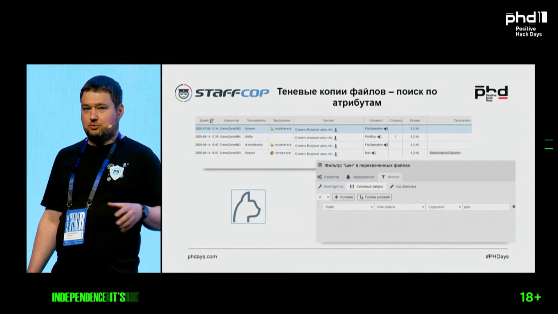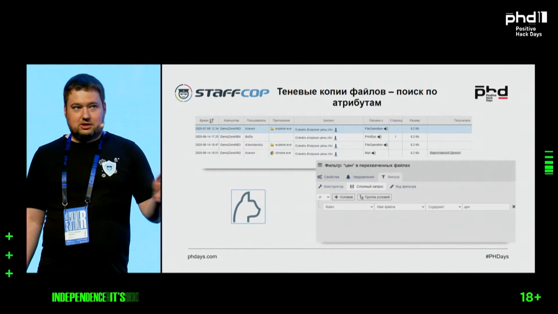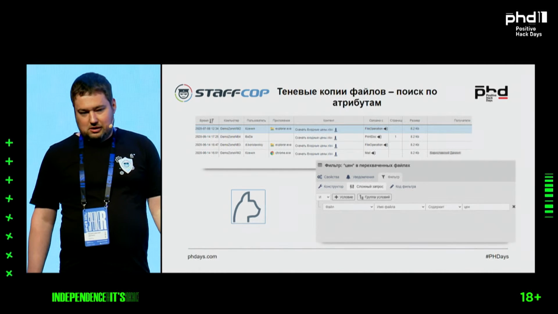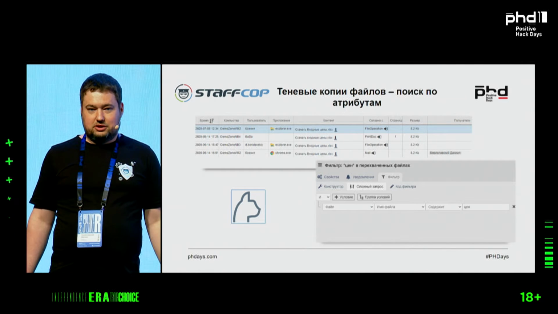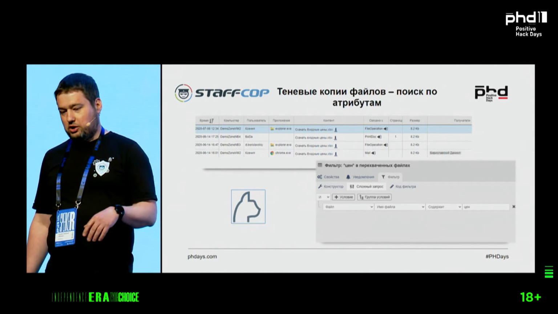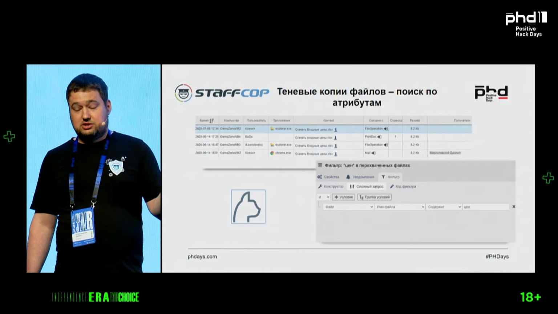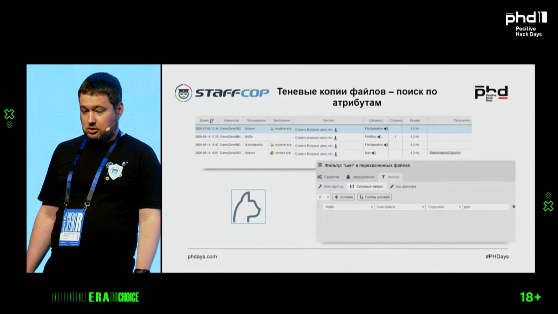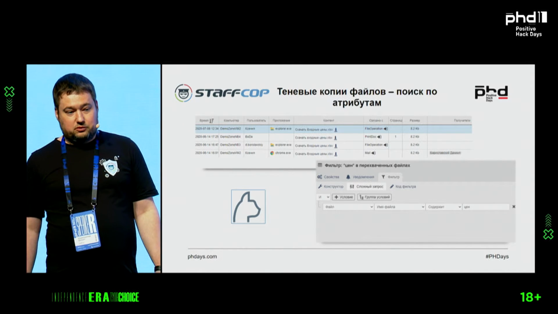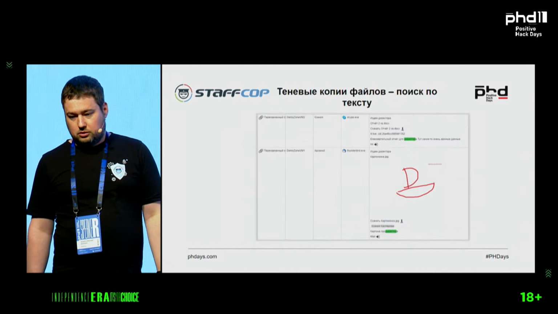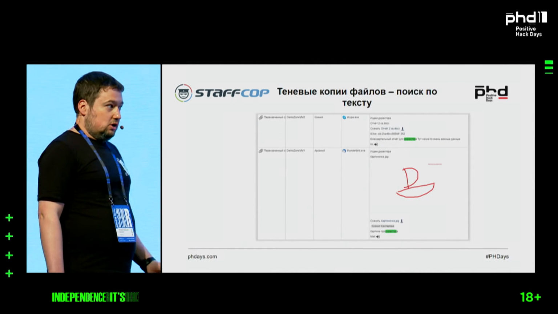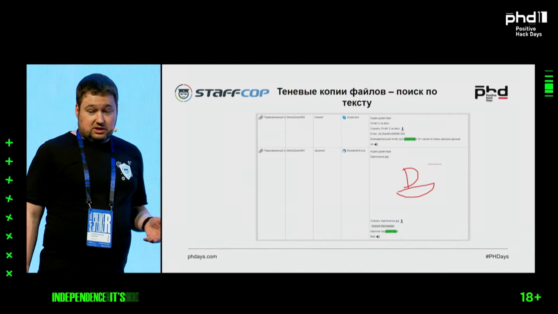We set up conditions, and 1,000 files are monitored, and we find 4 files with appropriate attributes that we set up. Something was printed, something was copied, and we optimize our work to a great extent. Search by text.